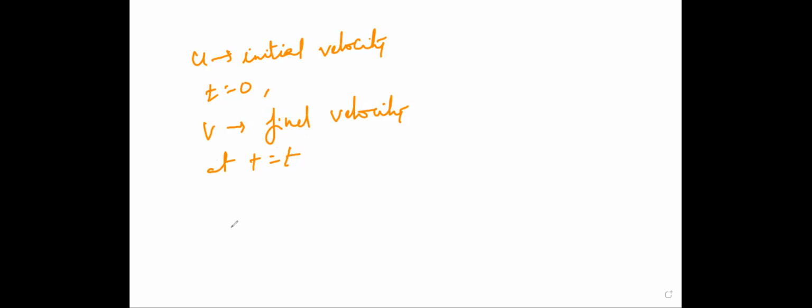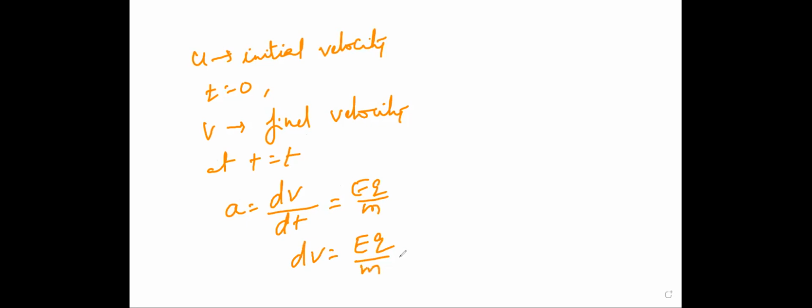Then you can find the final velocity of this particle by using acceleration a is equal to the rate of change in velocity, dv by dt, that is equal to Eq by m. Then dv is equal to Eq by m into dt.